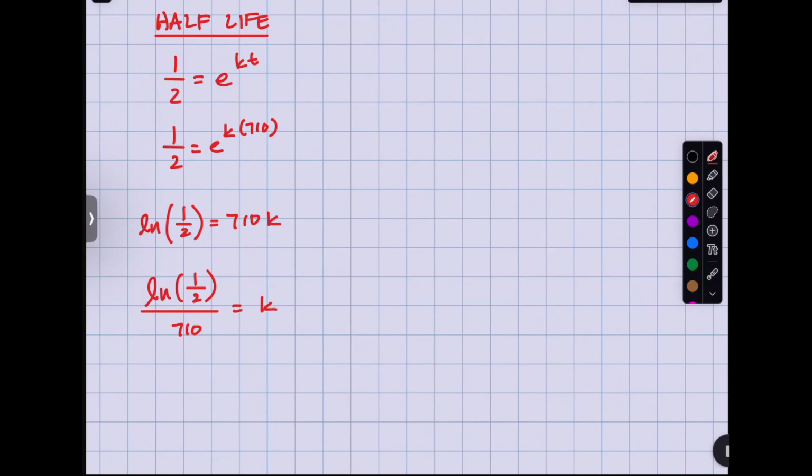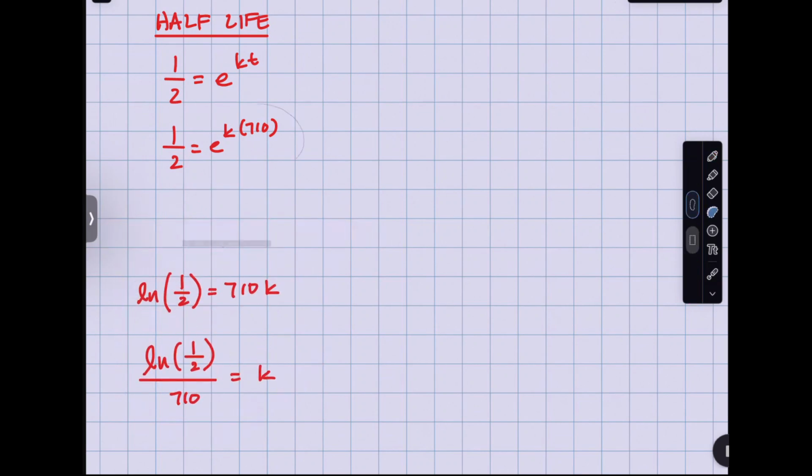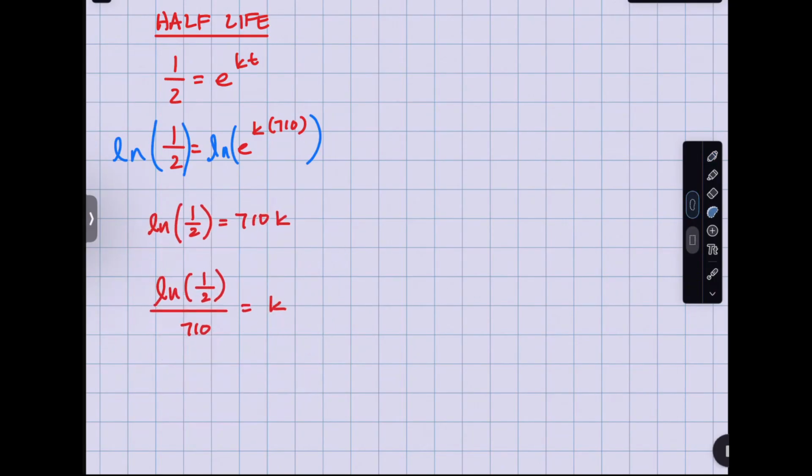Because what's the opposite operation of e? So for anybody that missed what I just did, since I know the opposite operation of e, which is ln, make sense?